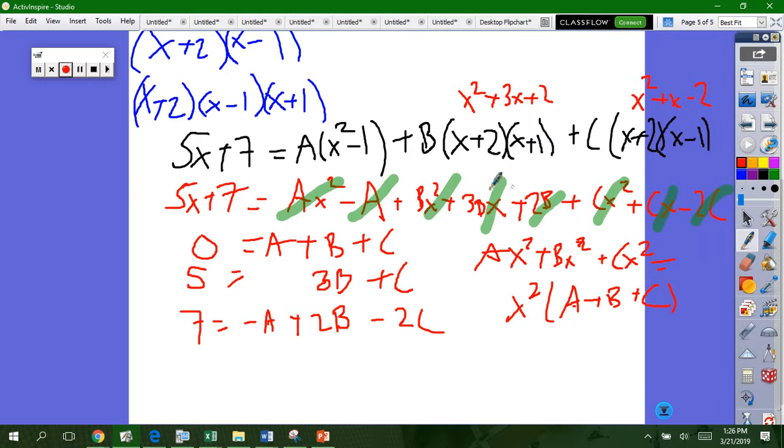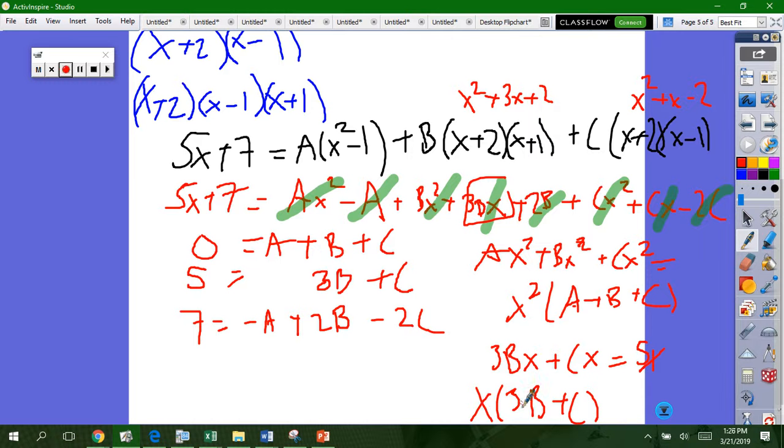Then here, now I'm going to combine this guy, 3bx plus cx. That's equal to the guy over here with 5x, correct? Because notice, what could I factor out here? And then I'm left with 3b plus c times x.